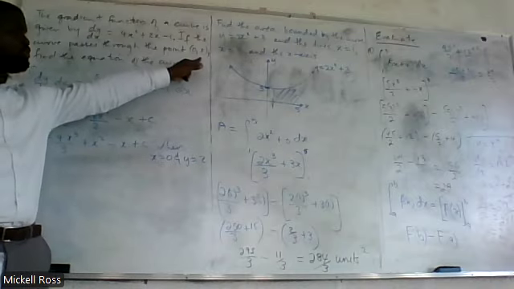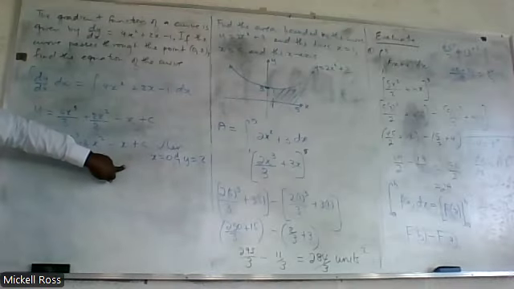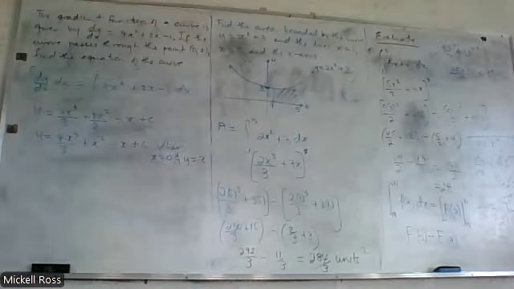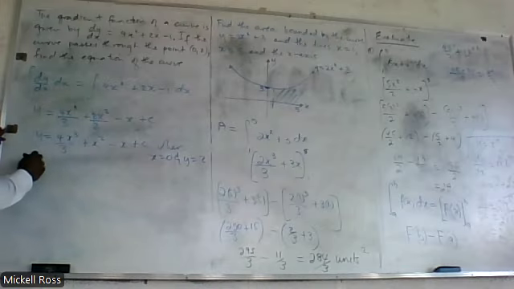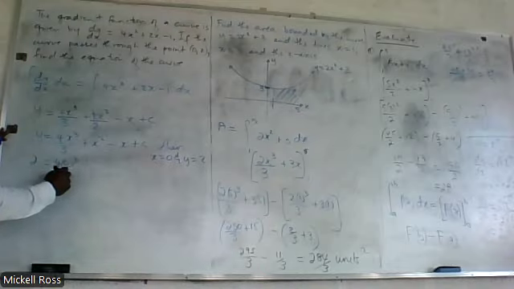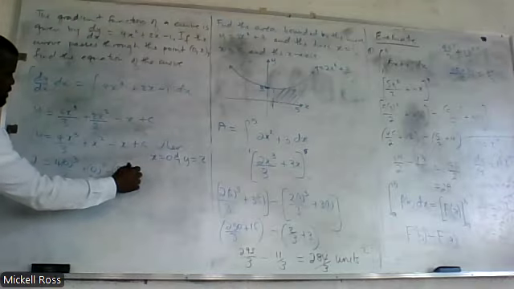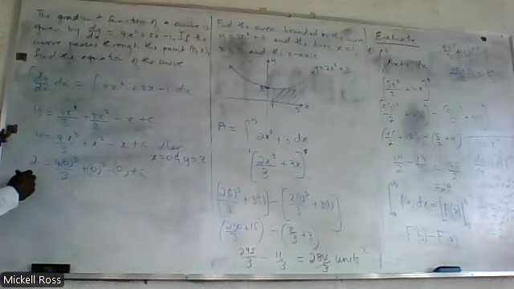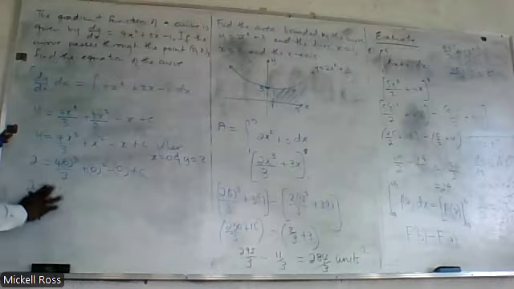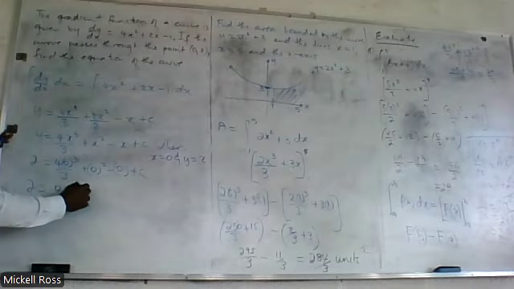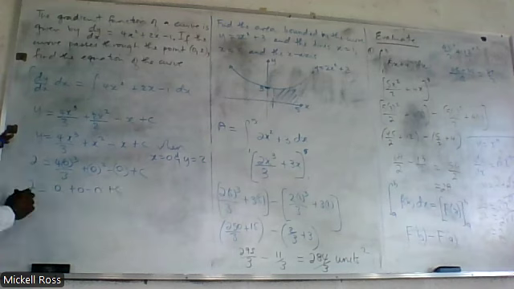Because this point is on this line. 2 is equal to 4 times 0 cubed divided by 3 plus 0 squared minus 0 plus c. So 2 is going to be equal to c, because this is 0 plus 0 minus 0 plus c. So that means 2 is equal to c.